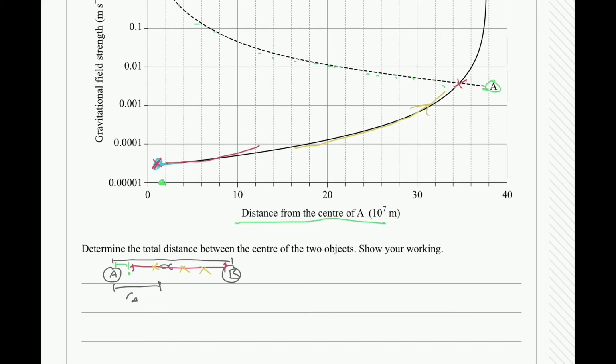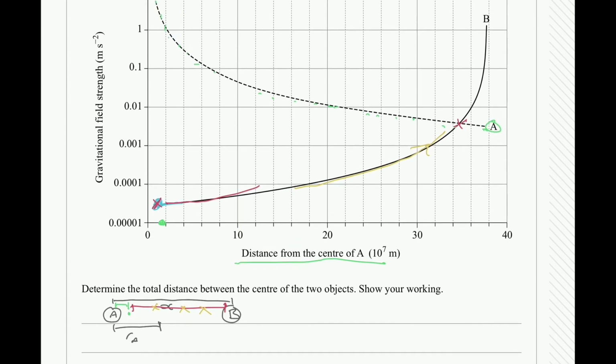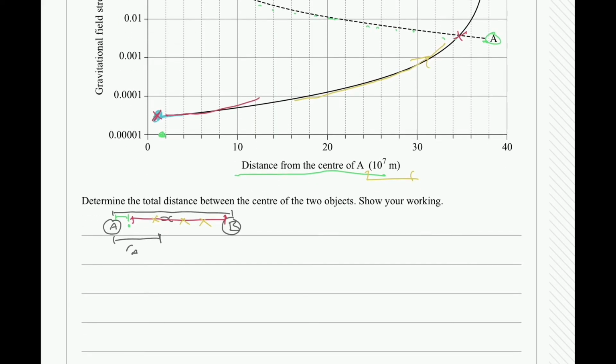This is an important concept to have down, being able to break down a piece of information like your graph. And let's have a quick look. Our units, we have distance from A is 10 to the 7 meters. And our gravitational field strength is meters per second squared. No units here, or no like multiplication factor that we need to think about. So we need to figure out the total distance between the center of these 2 objects.